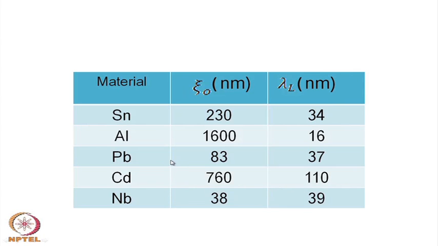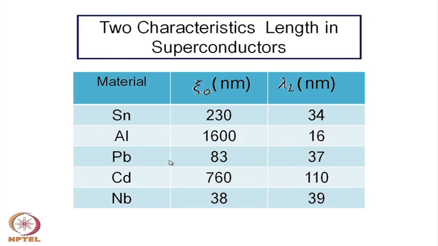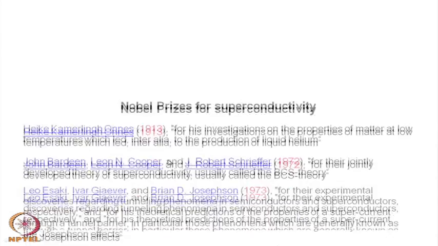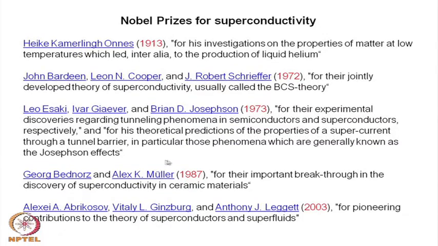Lastly, on the last slide, I will just mention that a large number of Nobel Prizes have been awarded in this area, starting from Kamerlingh Onnes and as late as 2003.